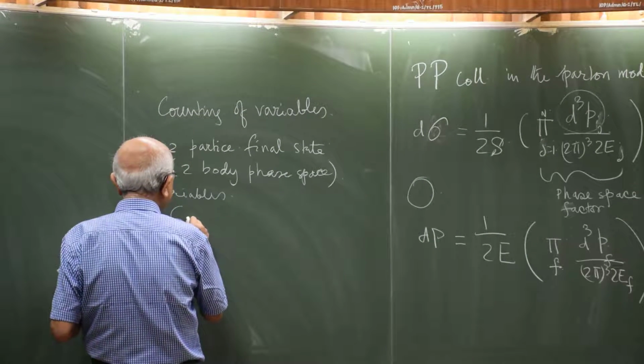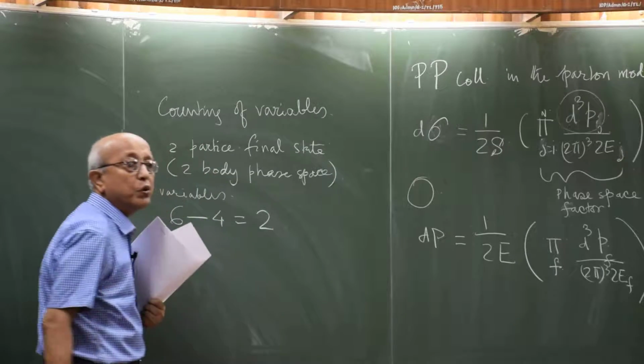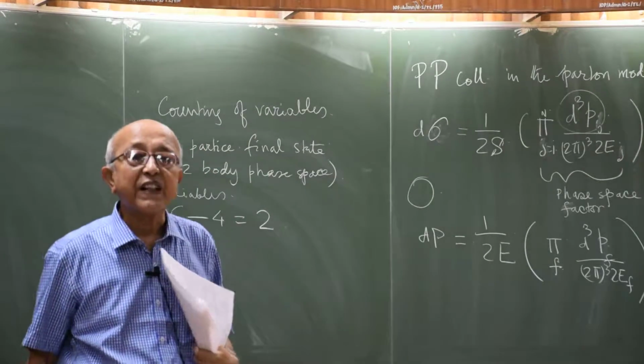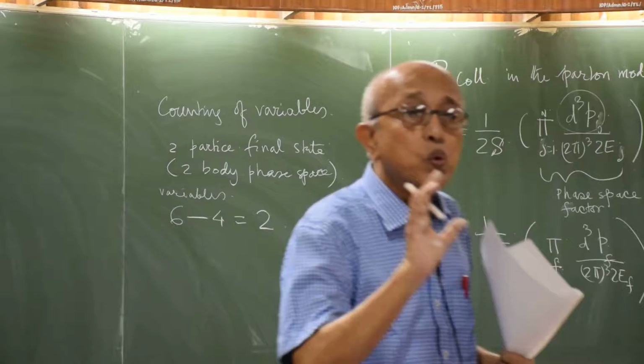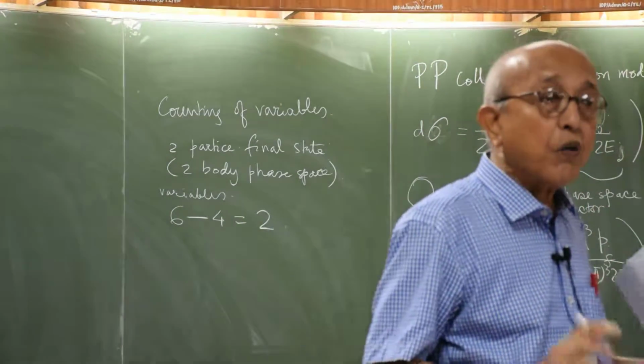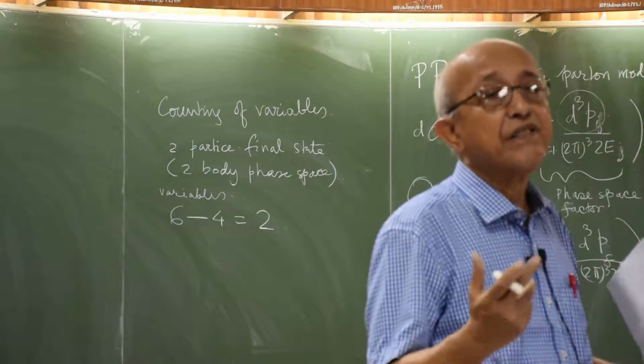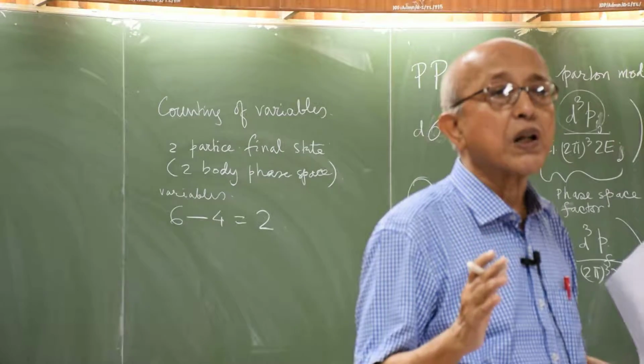Therefore, you can write this as 6 minus 4, that is, out of this 6 integration variables there are 2 independent. Out of this 2 you can take as theta and phi, for example, if you use spherical polar coordinates.